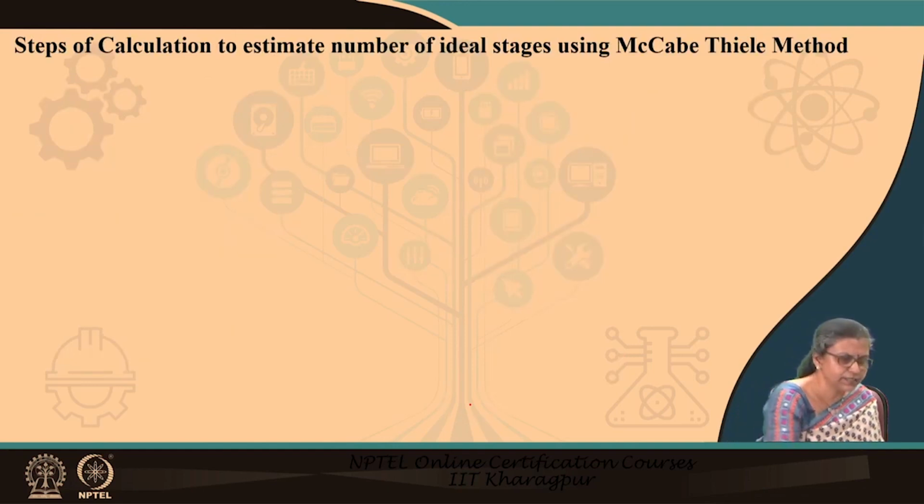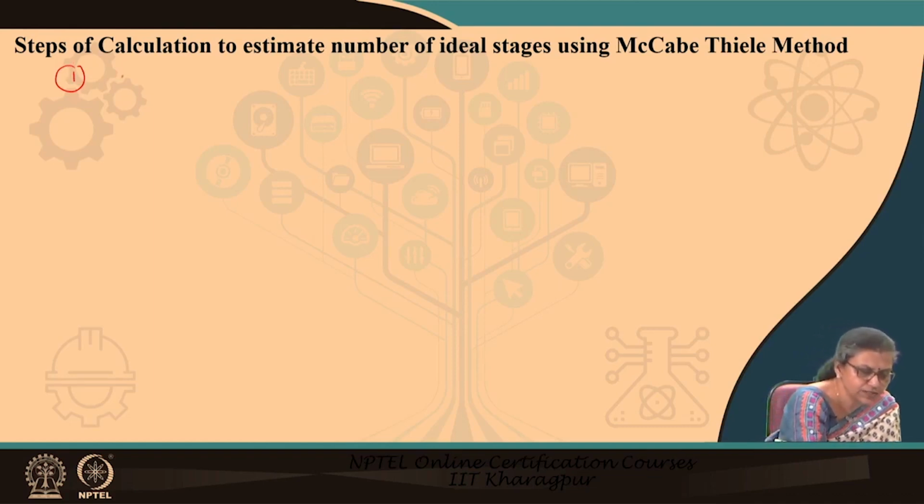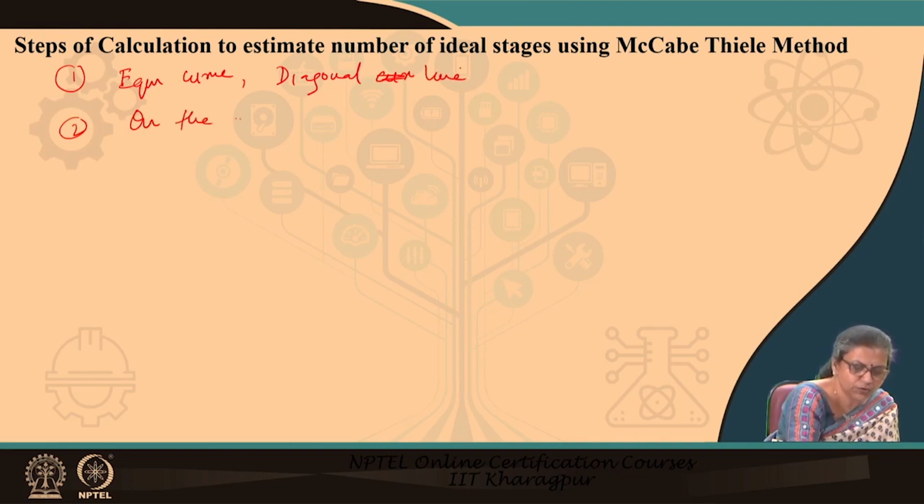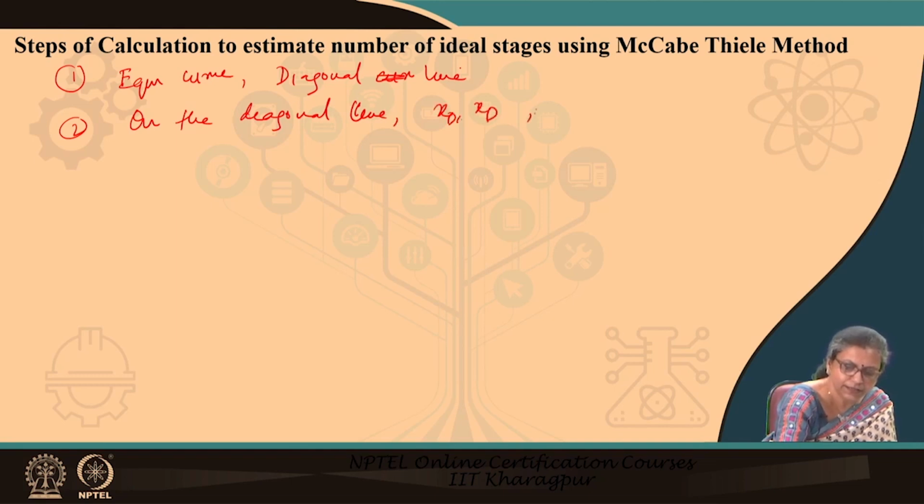So, just to summarize very quickly, what are the different steps. The first thing is we would draw the equilibrium curve and we would also locate the diagonal line, right. Then on the diagonal line we are going to locate 3 points, mainly x_D, x_F and x_B.